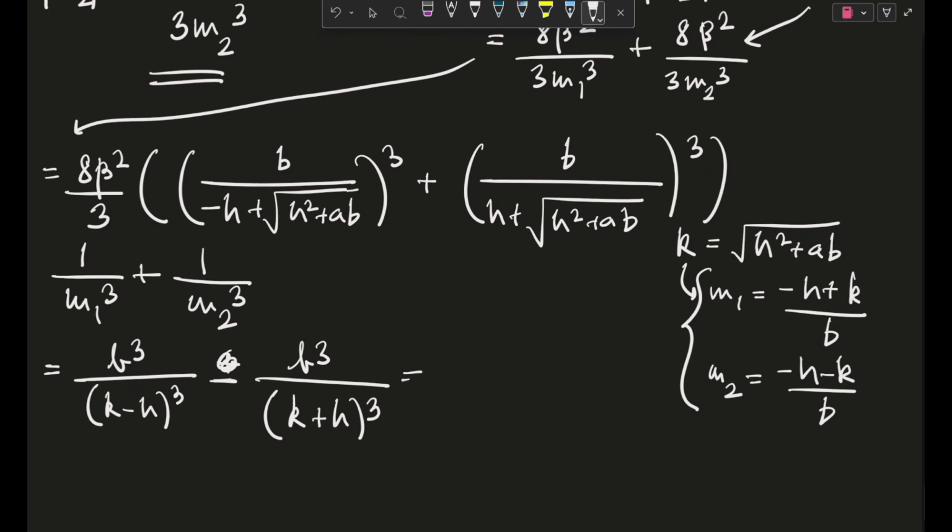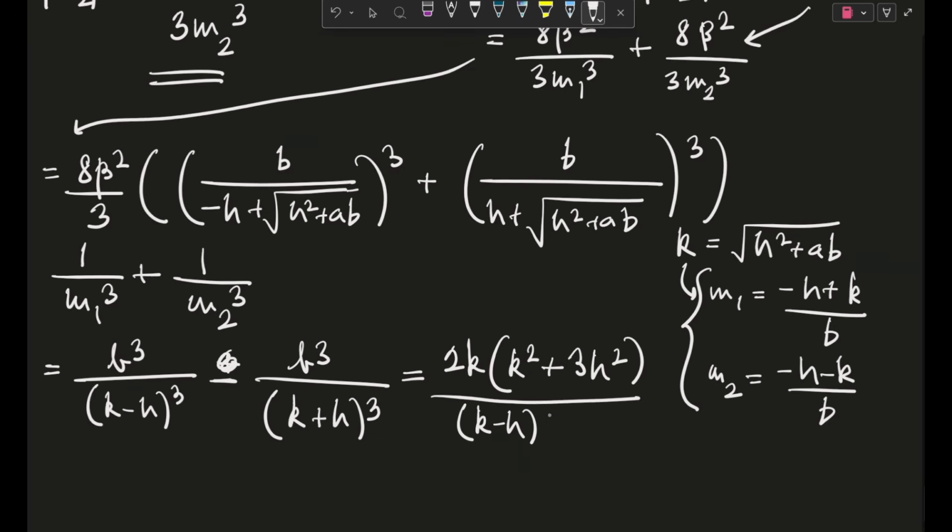This is coming out to be 2k times (k² + 3h²), and this whole divided by (k − h) into (k + h) whole cubed. And actually there would be one b³ also here. I missed that. So from here this expression will be shortened.